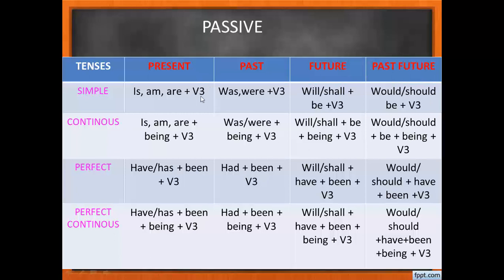Try to use verb 3 for all of them. The difference is just in the to be. To be continuous here, so being, been, being, be, will be, would be, should be, being.